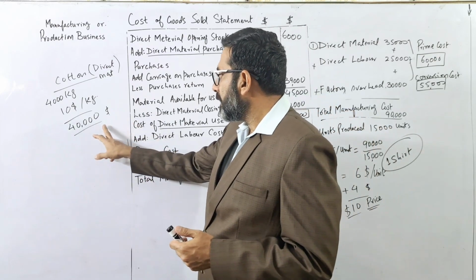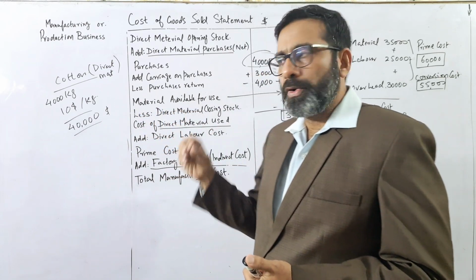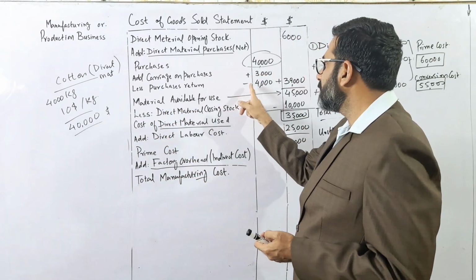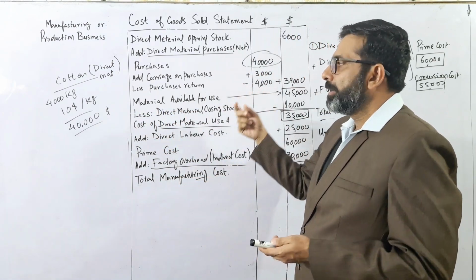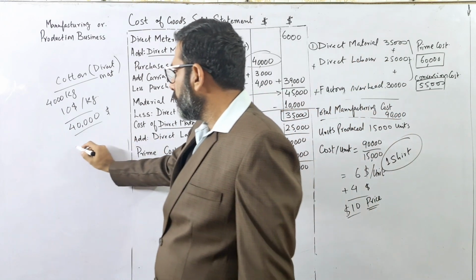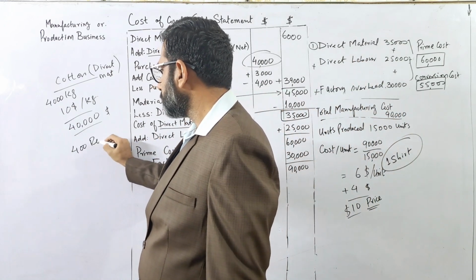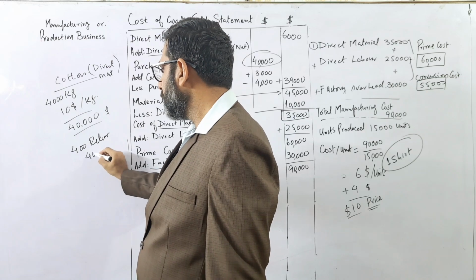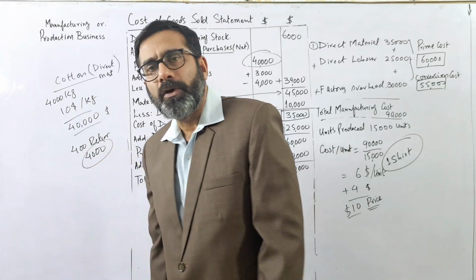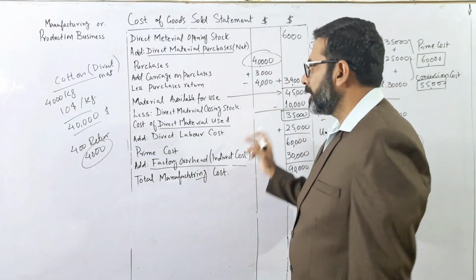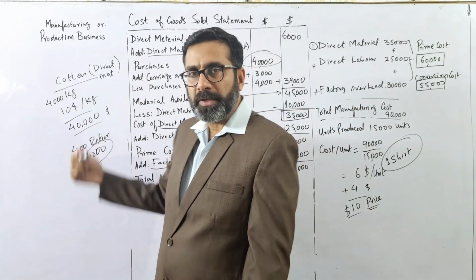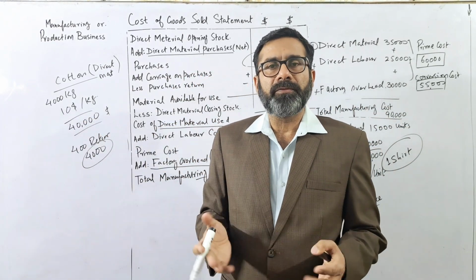That is the purchase return. Let's say 400 kilogram return is there. So it will be costing how much? $4,000 is the return. So it means they purchased 40,000, but returned 4,000.